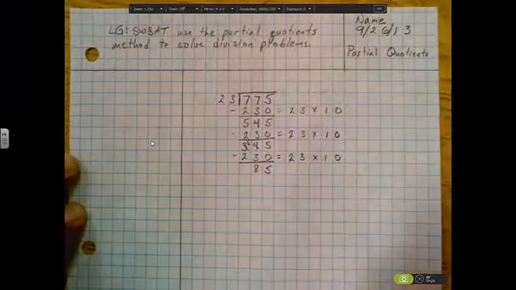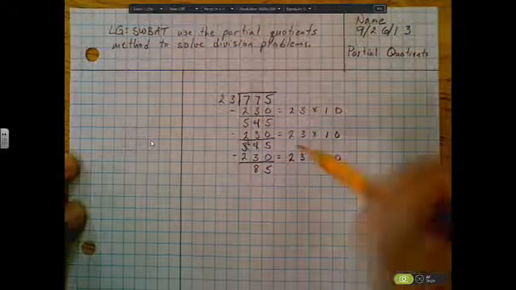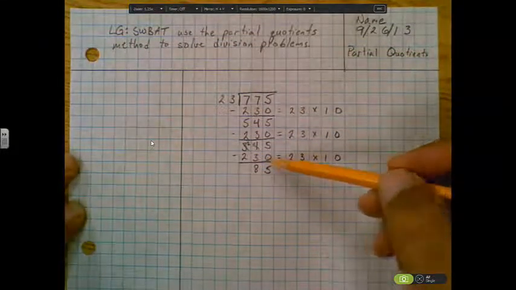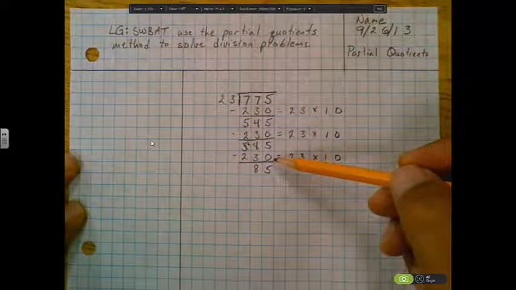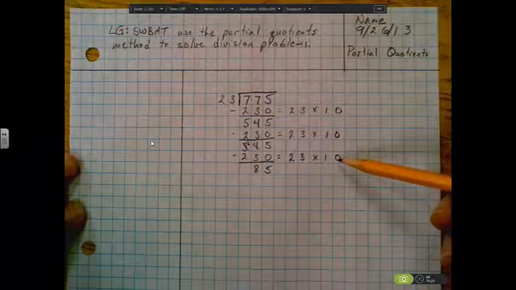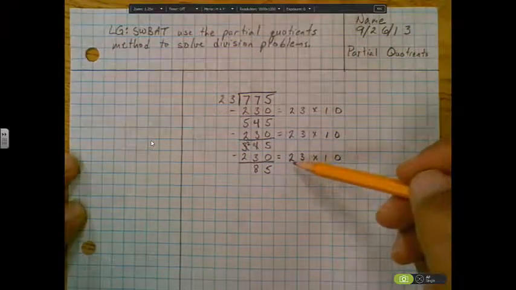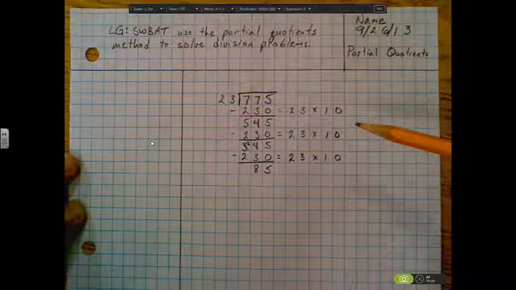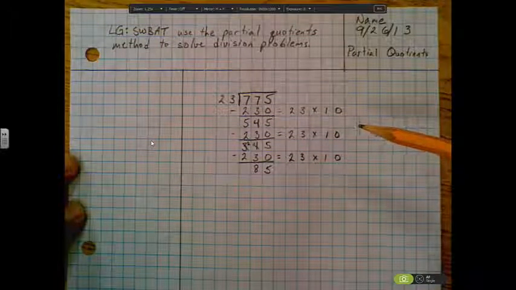And then 2 minus 2 is 0. Now we look and we see that 85 is less than 230. That means that we can stop with our multiples of 10. Or sorry, 23 times 10. And now we're going to look at something that's smaller than that. See if we can come up with an answer.